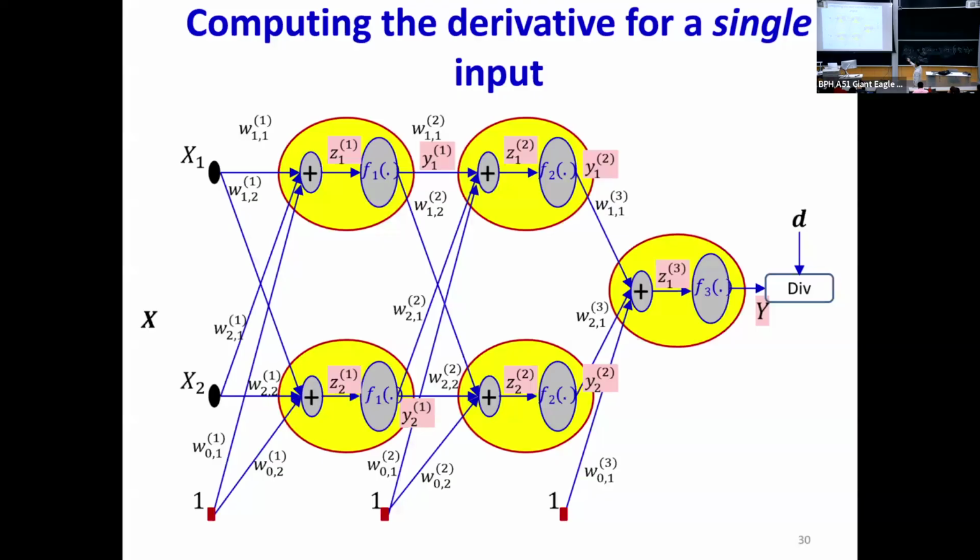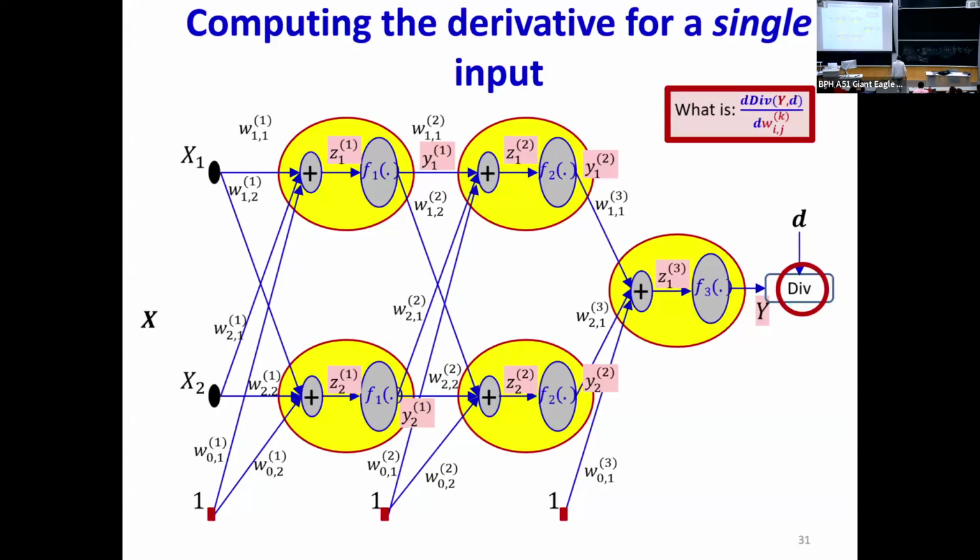Z1 superscript 3 is the affine value for the first neuron in the third layer. Y's represent the output after the activation has been applied to Z. So Y2 superscript 2 is the output of the activation of the second neuron in the second layer. The 2 in the subscript represents the neuron index. The 2 in the superscript represents the layer, right?